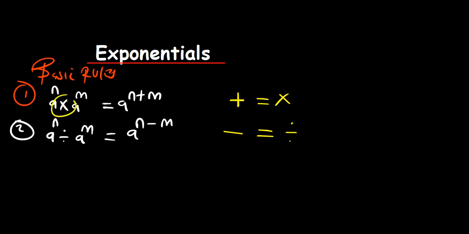When you're multiplying exponentials, you're going to add the powers. When you are dividing your exponential functions, you're going to subtract the powers. Very similar concepts, but different arrangements. So that is about the product and the quotient rule.